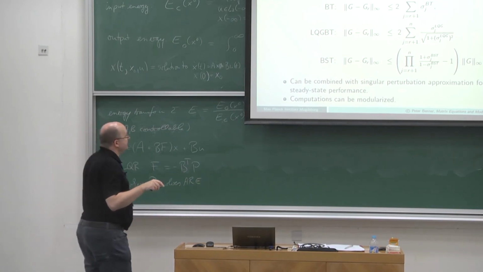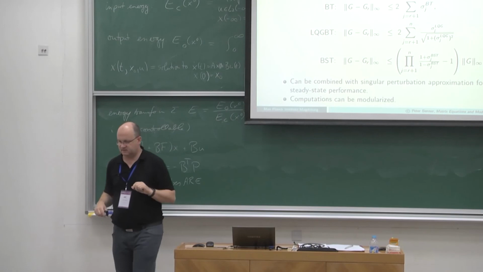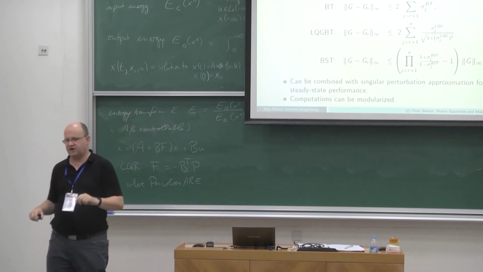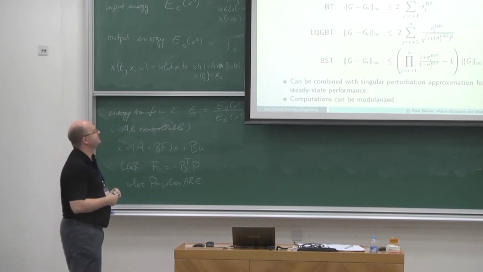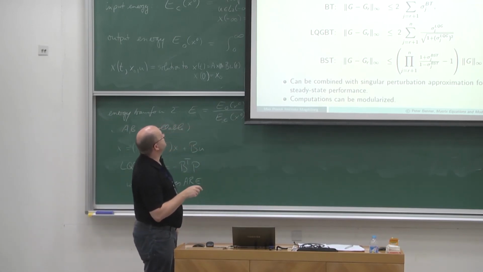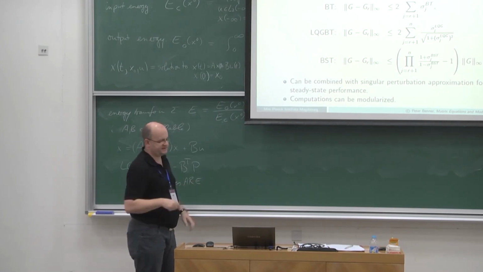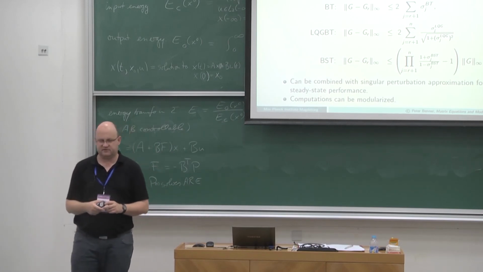If you want an exercise for a bachelor student, I don't think that all the properties have been proved for all the methods combined with singular perturbation approximation. I know there are papers discussing BST combined with singular perturbation approximation and proving that the error bound is preserved, but that's, I think, not done for all of the methods.